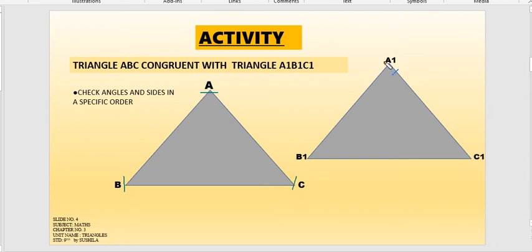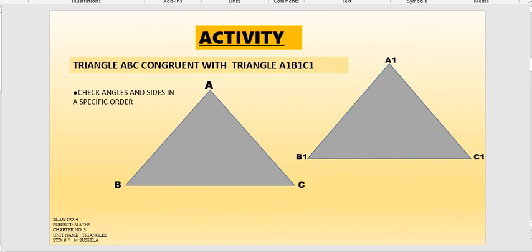One other triangle is also there. To make this triangle, you have to cut paper in the form of a triangle, with clear measurements, and form four triangles, right? One triangle you label ABC, and the other triangle with other names, A1, B1, C1. Then you have to check the angles and sides from one triangle to the other triangle, right?